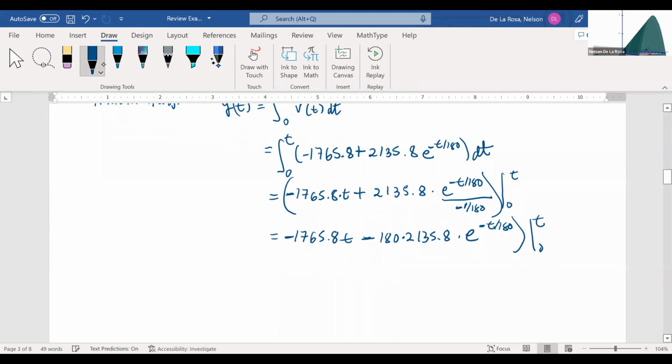So that's the result of this definite integral.